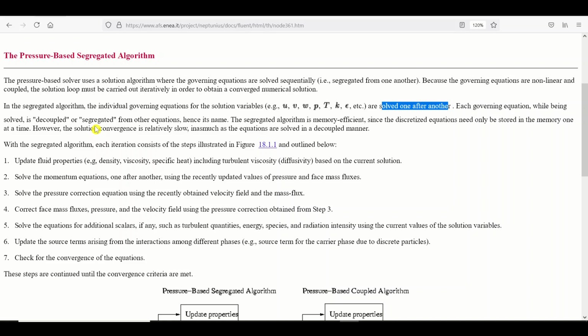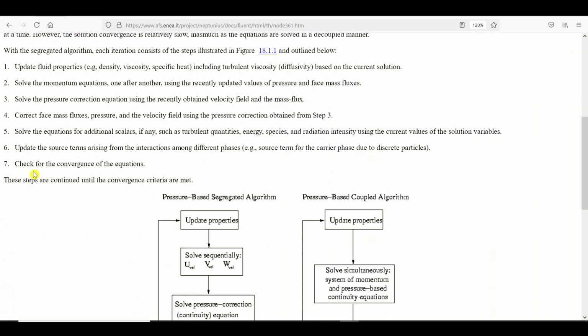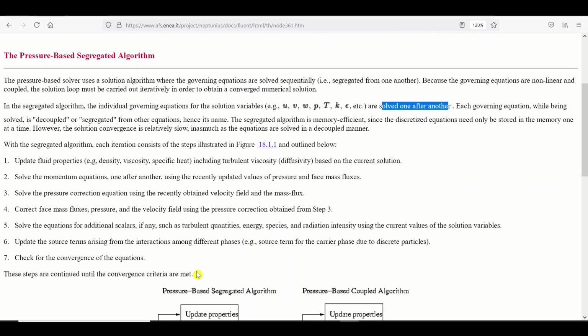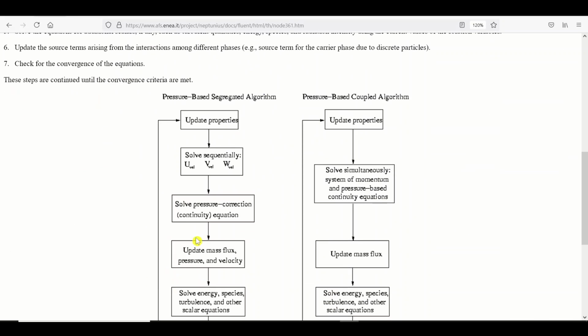And in the segregated algorithm, the time taken for those values to fall below the benchmark value will be higher, because we are solving the equations one by one. So it takes a lot of time for solving this particular form of case, right? We will just see the steps one by one. We also have a flowchart created over here, but let us just read over here, then we will go to the flowchart.